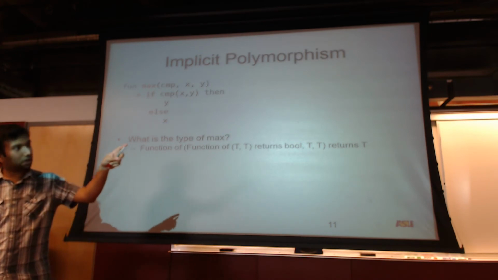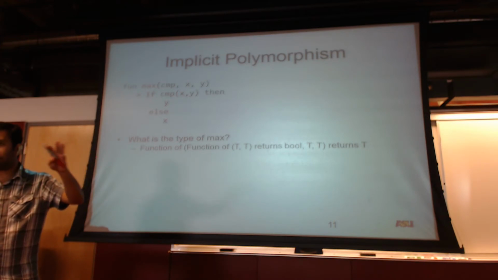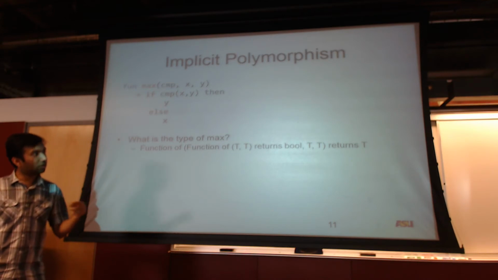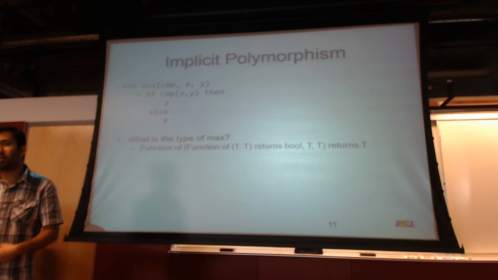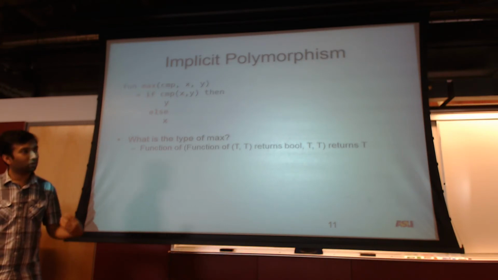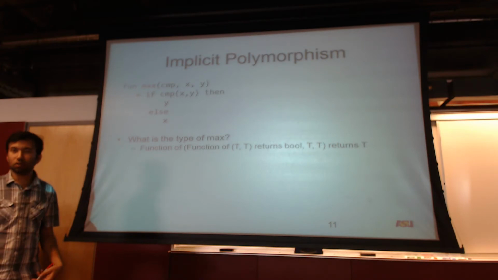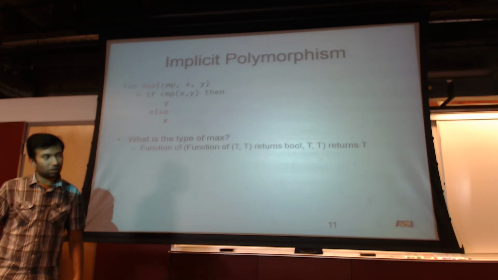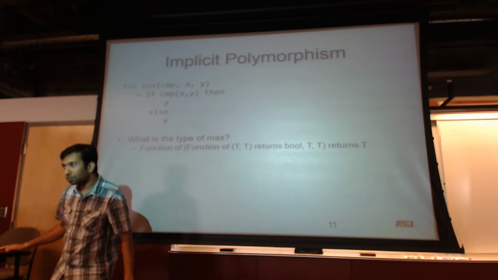So that's why you have comma t. The second and third arguments are of the same type t. Now since max returns either x or y and both have the same type t, the most generic type we can give to the return value of max is t. And we do not have any other rule that says you can give a different type, right? So that's why the type of max is that.